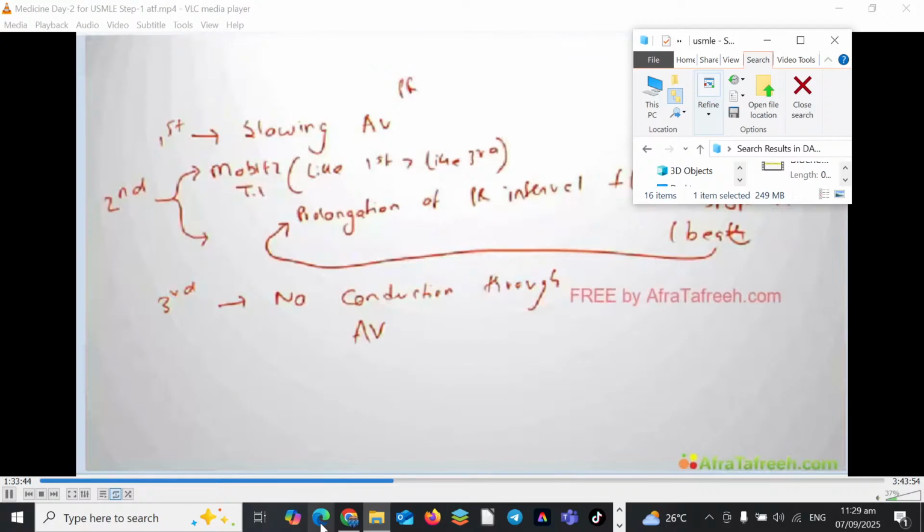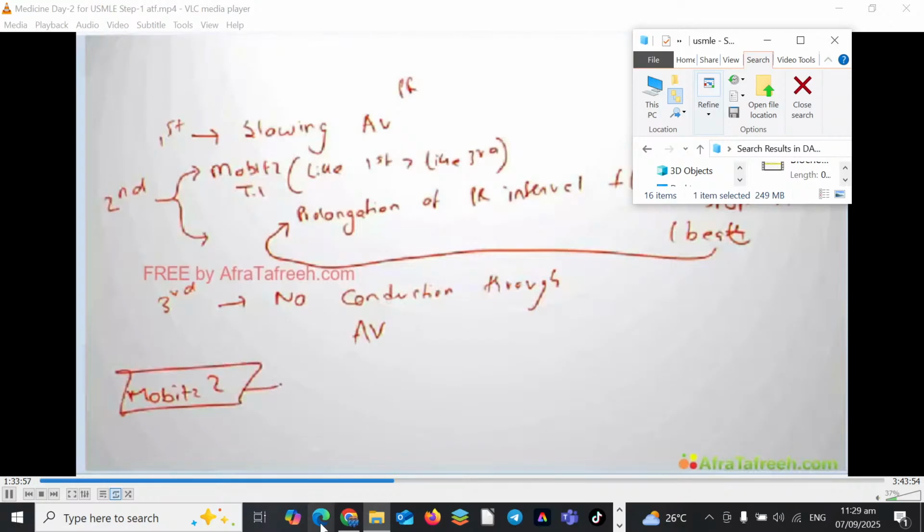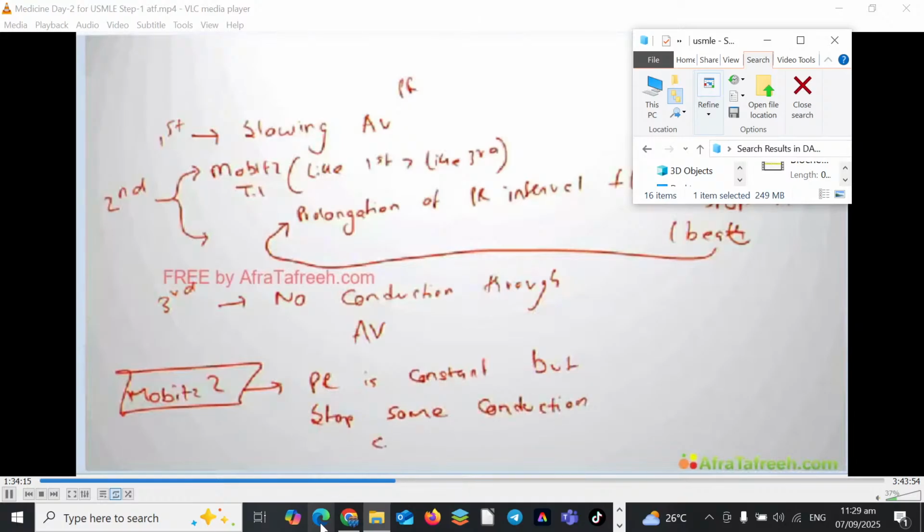Then there is Mobitz type 2 block. In Mobitz type 2 block, the PR is constant, but it will stop some conduction. So it is more like third degree, less like first degree heart block.